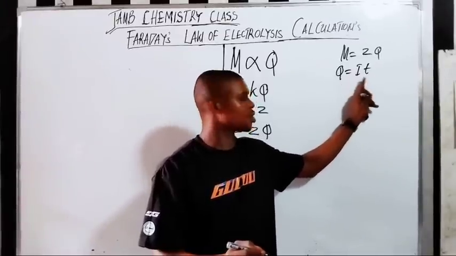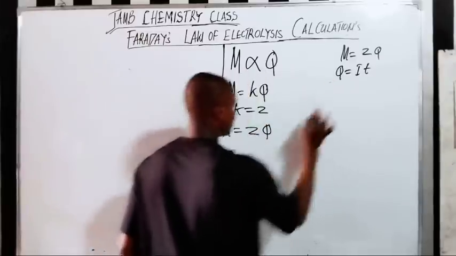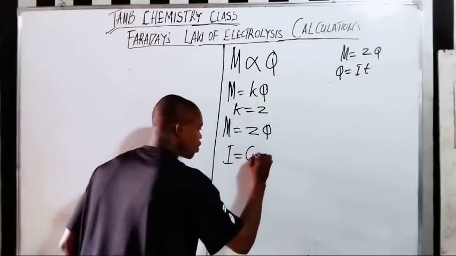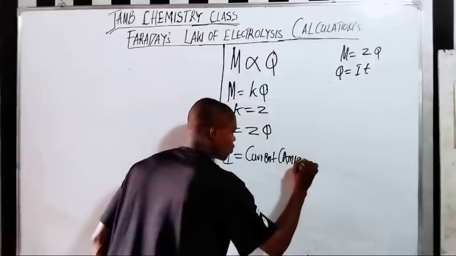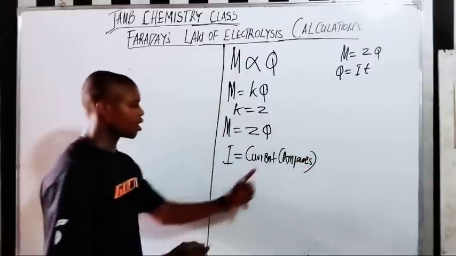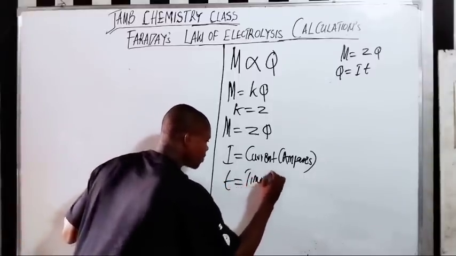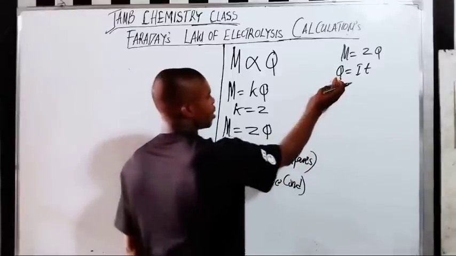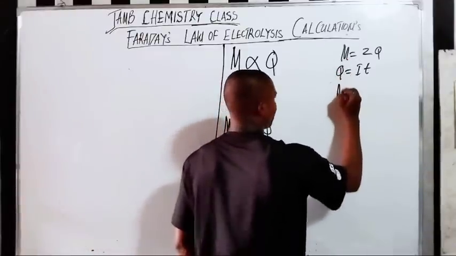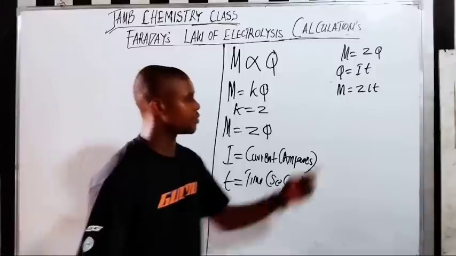I is the current, and current is measured in amperes. T is the time, and it is measured in seconds. Very important: measured in seconds. So I can just say M equals Z I T.